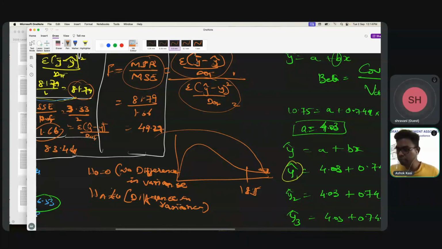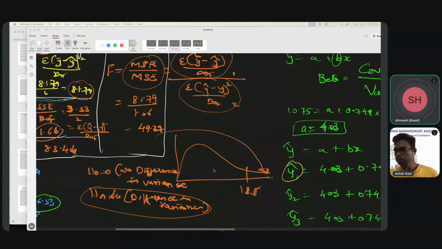So we will reject the null. There is a difference in variance. Fine, understood. That means there is a vast difference.